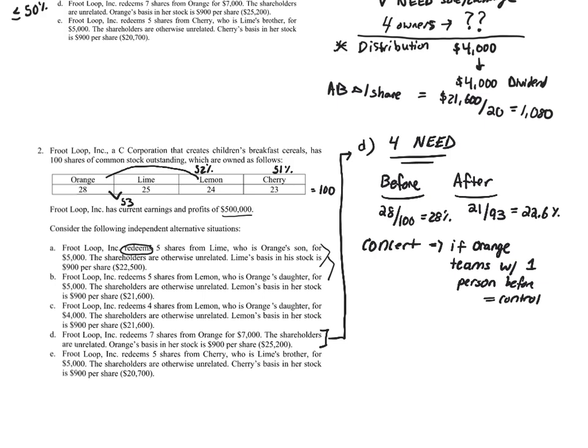So before, again, Orange has the ability to control. Now, you're wondering about the percentage, 22.6.